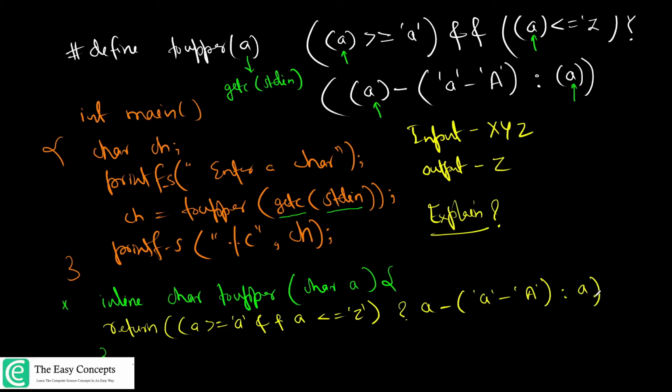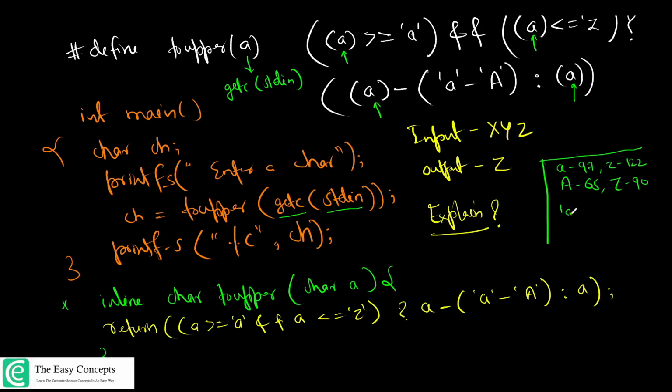If you don't know this, I will tell you. Initially we discussed ASCII characters, that small a has ASCII value 97 and small z has 122. Similarly, capital A has 65 and capital Z has ASCII value 90.